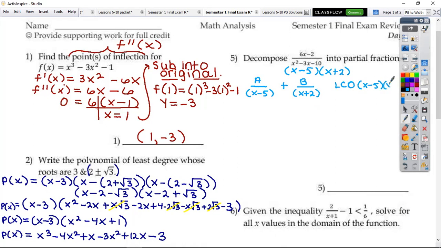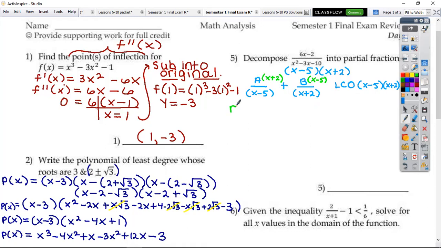So what you're going to do is multiply by which one it's missing. My first fraction is missing the x plus 2. I'm going to just do it up here so you can kind of see it. And then my B is missing the x minus 5. Okay. So that's what I'm going to work with down below.